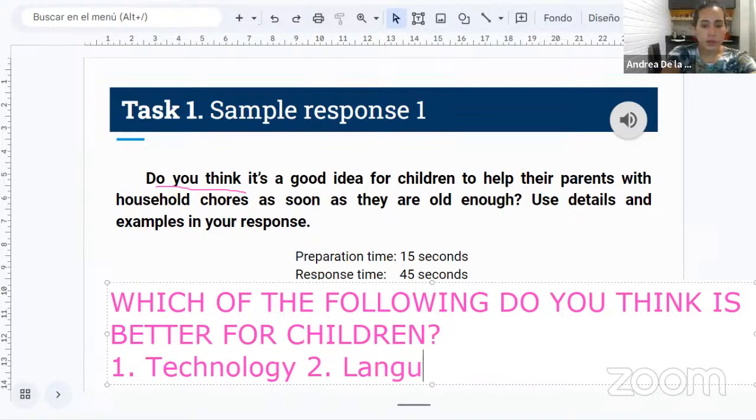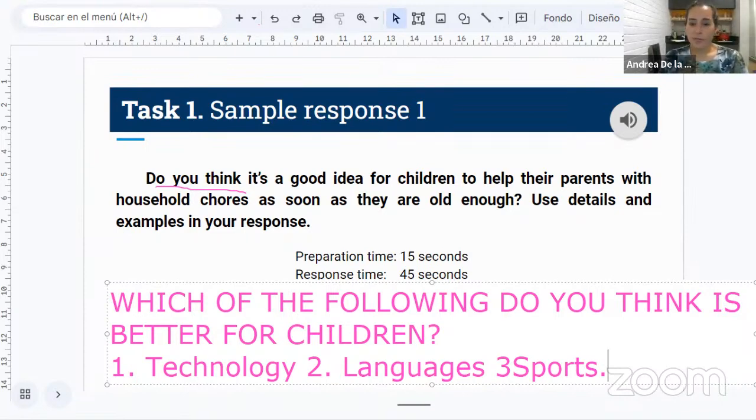Or option three, practicing sports. So do you think it's better for children to learn to use technology, to learn languages, or to practice sports? In this case, you have three options, but the only possible answers are: one, I think that it's better for children to learn to use technology, or two, I think that it's better for them to learn a language, or third, I think that it's better for them to practice sports.